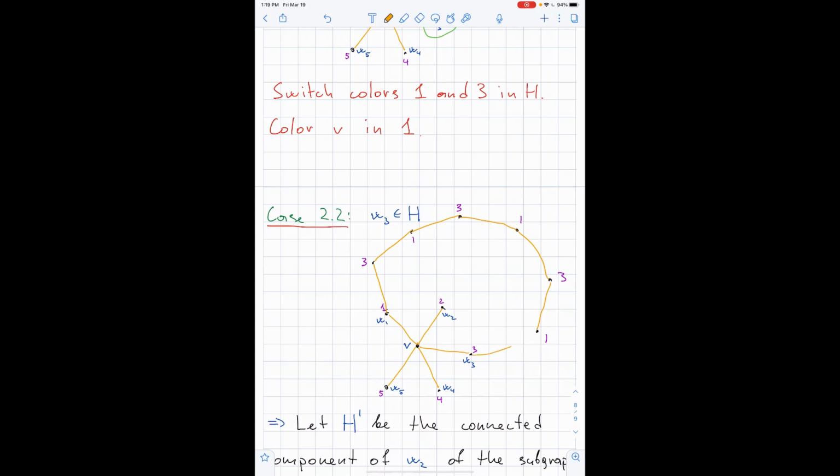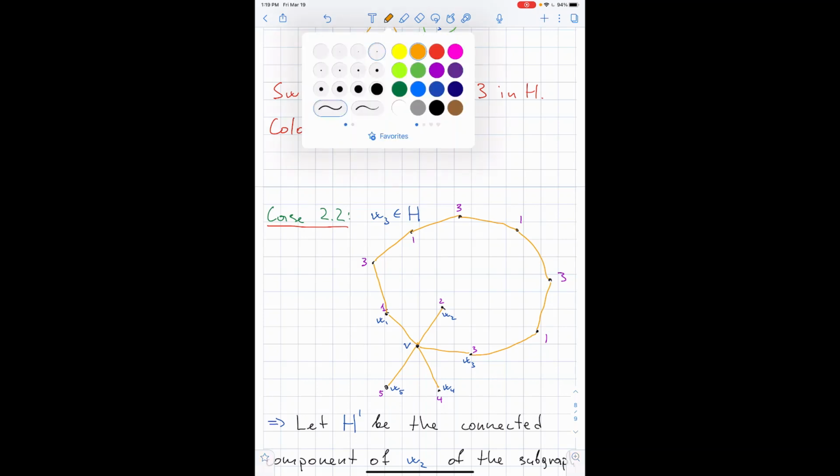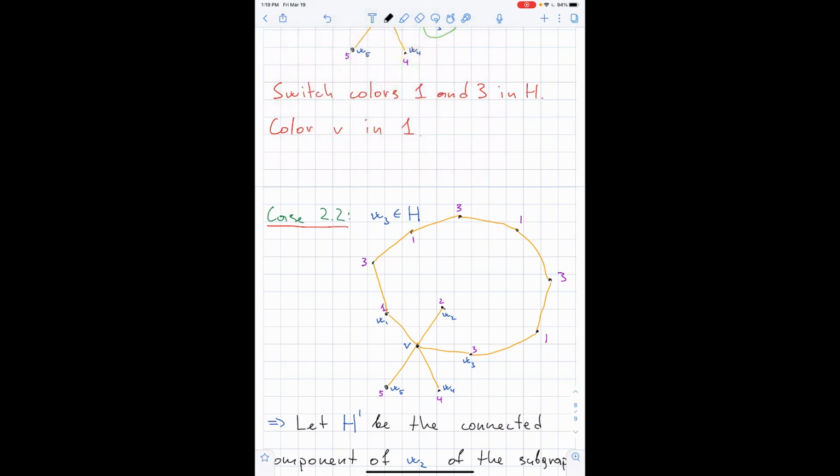So in this case, we cannot use the same strategy as before, because if we switch, there might be more vertices inside H. So there could be some vertices, say here, maybe colored in 1, 3, 3, say 1.